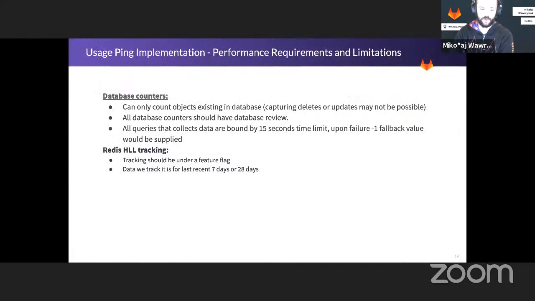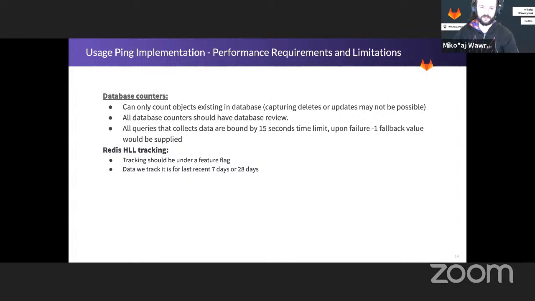And now, when we went through all the details on how to instrument and document the usage ping, let's look more into the constraints and limitations that apply to each and every metric. For the database counters, it's important to remember that we can only count the objects that already exist in the database. So for example, capturing deletes or updates may not be possible or would be very challenging.